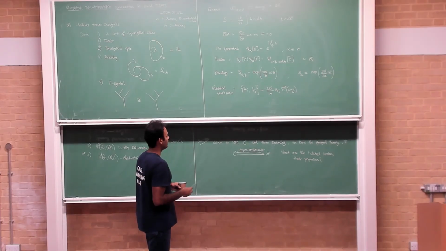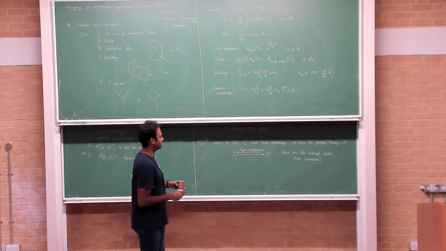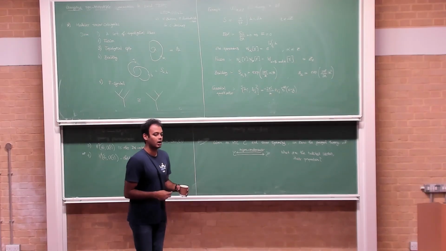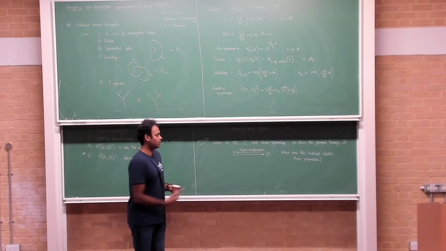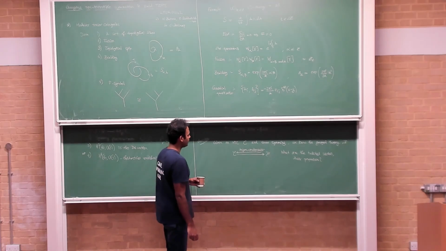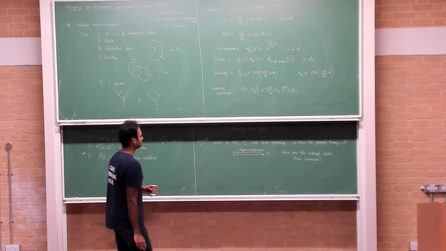But I'm not going to get into anyon condensation in this talk. But the idea is that since it's well understood, can we further make our arguments more precise for the gauging case? And that is the question we try to understand in the paper.